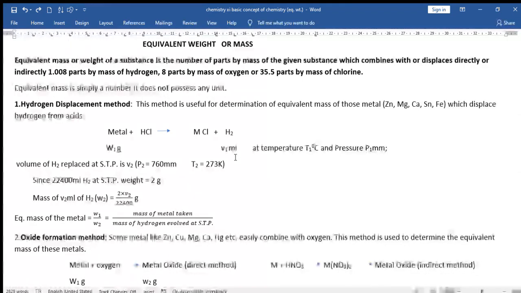Here first we change the volume to volume at STP, V2. Because 22,400 milliliter of hydrogen at STP has weight 2 grams, what is the mass of V2 volume of hydrogen at STP? It should be 2 into V2 divided by 22,400.